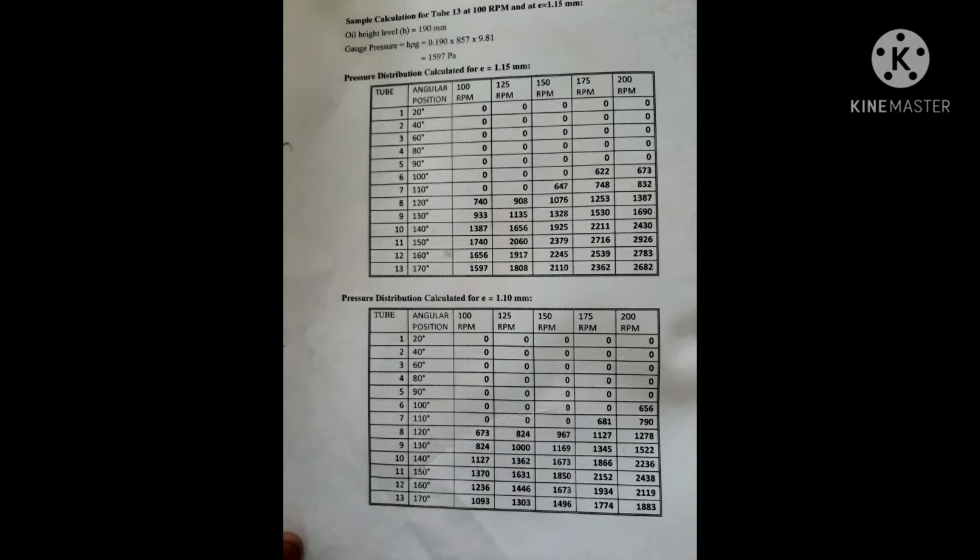This is sample data. When we do this experiment we will obtain data like this. Here you can see there are two different conditions, two different eccentric shifts, and for each condition we will obtain data like this.